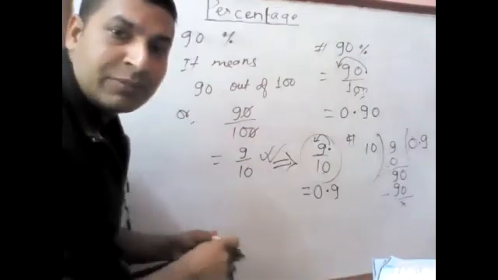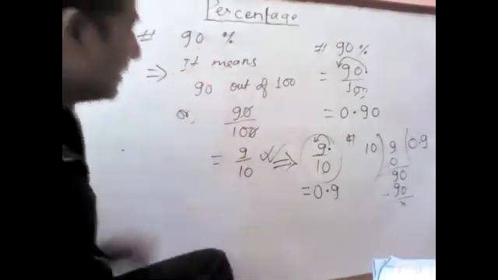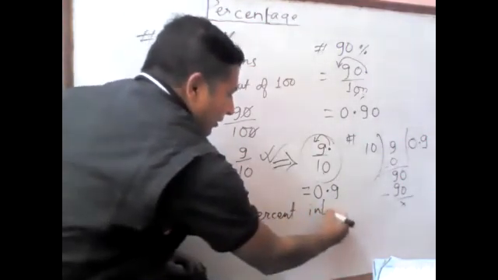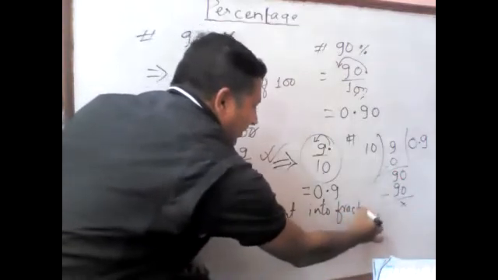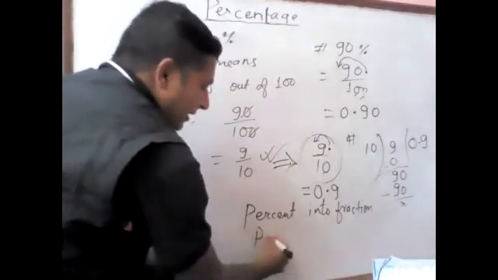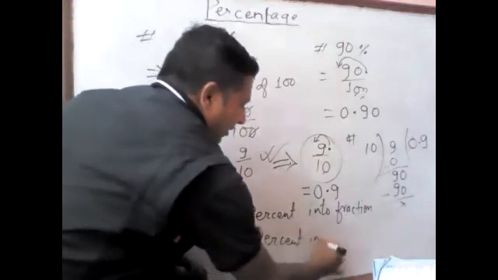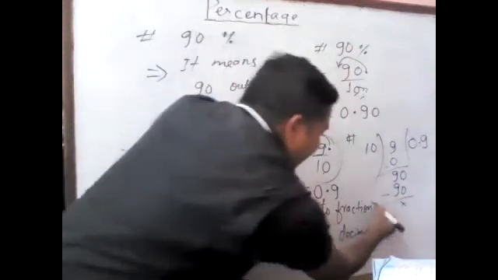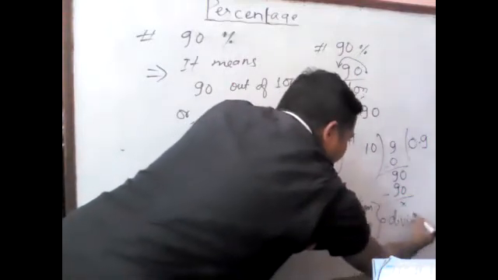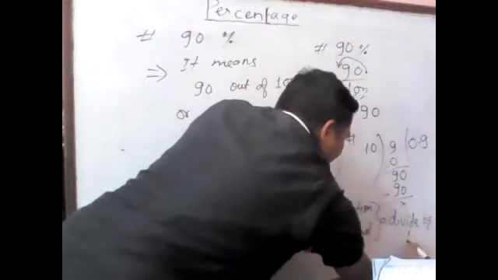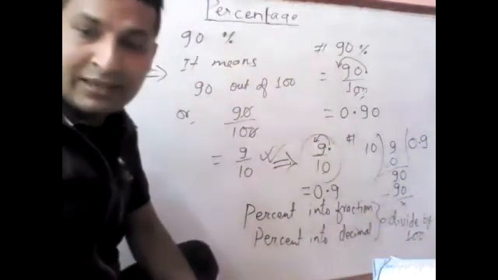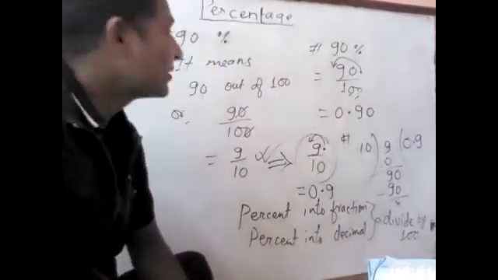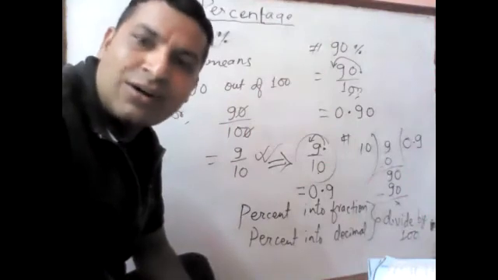So you have to remember how to convert percentage into fraction, or percentage into decimal. For both cases, you have to divide by 100. That is the process of converting percentage into fraction or decimal.